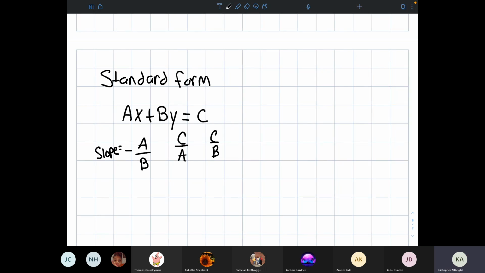I don't have notes in front of me. And standard form is not something I use a ton. Maybe. The page doesn't want to load.